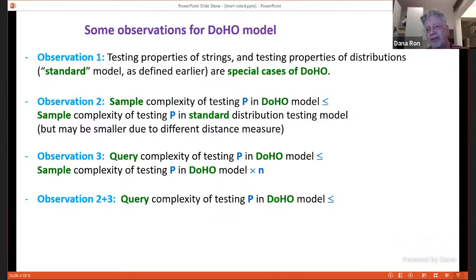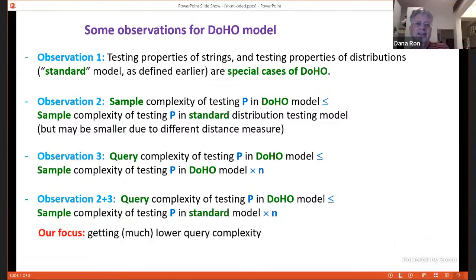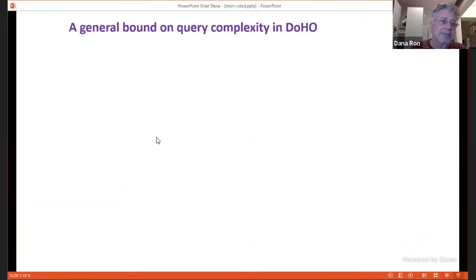But of course, we are not interested in this trivial case. What we are interested in is the case that the query complexity is significantly smaller than this product, this obvious bound. And this is the focus of this work, to initiate a study of which properties can be tested with such complexity.